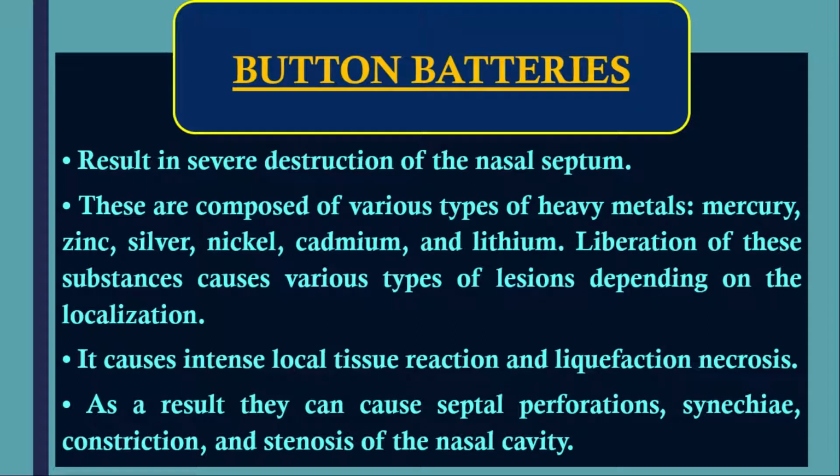Liberation of these substances causes various types of lesions depending on the localization. It causes intense local tissue reaction and liquefaction necrosis. As a result, they can cause septal perforations, synechia, constriction, and stenosis in the nasal cavity.